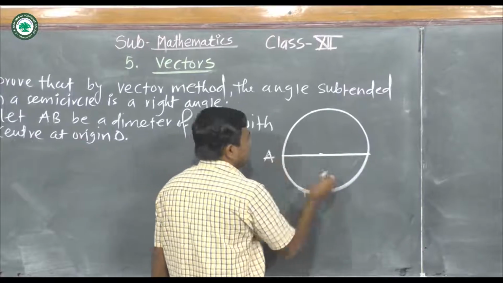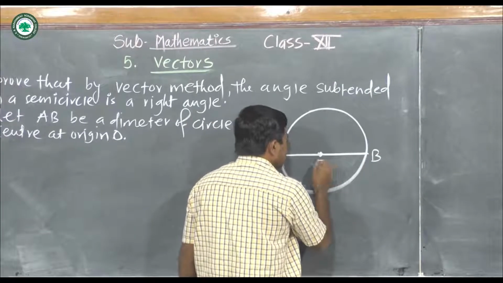Here this is diameter AB, the center of the circle is O.